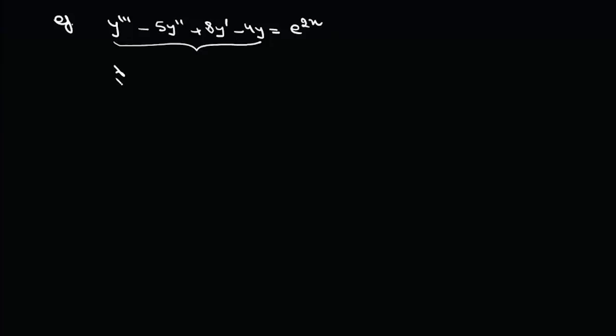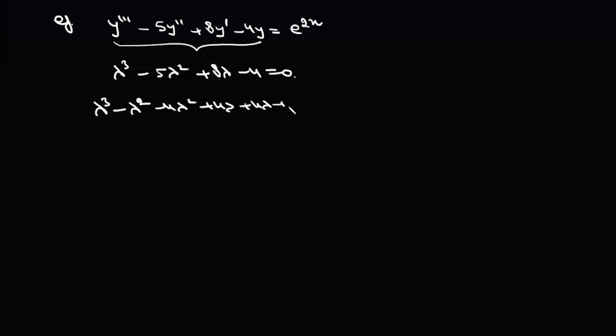We can simply write the characteristic equation as lambda cube minus 5 lambda square plus 8 lambda minus 4 equals to 0. Now one of the solutions is lambda equals 1, so we can write lambda cube minus lambda square, minus 4 lambda square plus 4 lambda, plus 4 lambda minus 4 equals to 0. We'll have lambda square into lambda minus 1, minus 4 lambda into lambda minus 1, plus 4 into lambda minus 1 equals to 0.